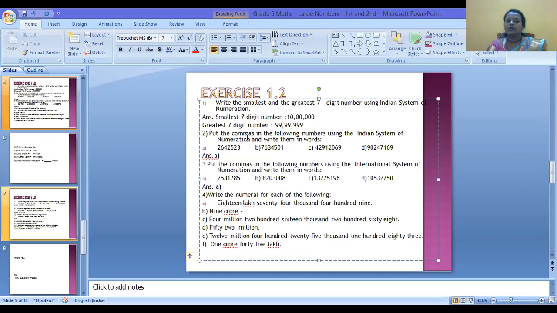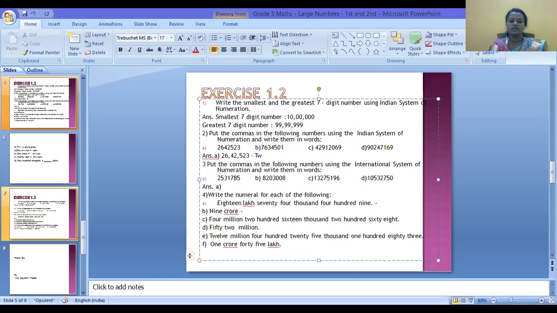Now let us put commas separating in terms of the Indian system. I am going to write the numbers first and then separate them with commas. This is the pattern where we separate the Indian system numeration with commas. Now let us write in words how it is represented.